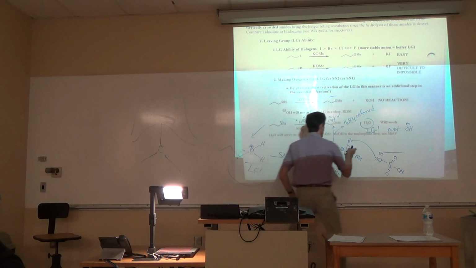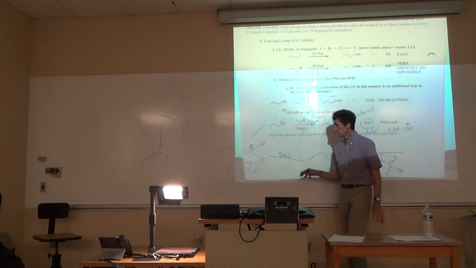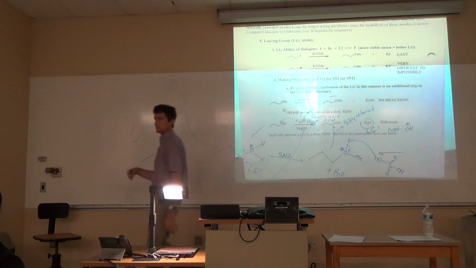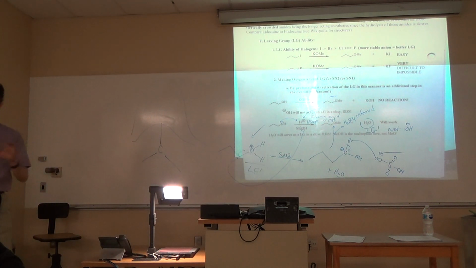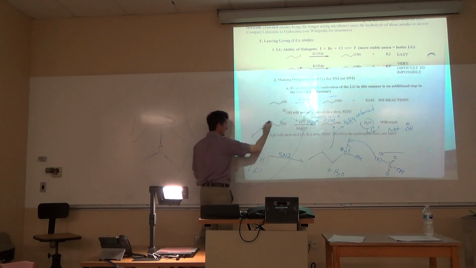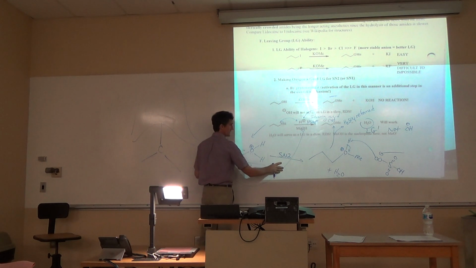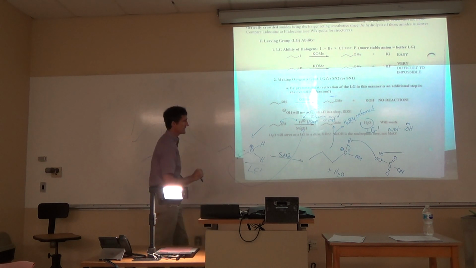And here we just lost a proton to go neutral. So the simplest Sn2 will just be one step. This is also an Sn2, but it had other steps associated with it. Making the leaving group better had nothing to do with the substitution. Okay, so hopefully you see that.